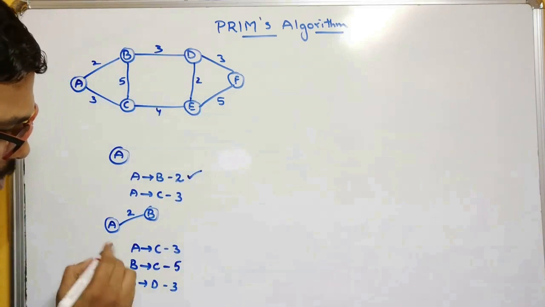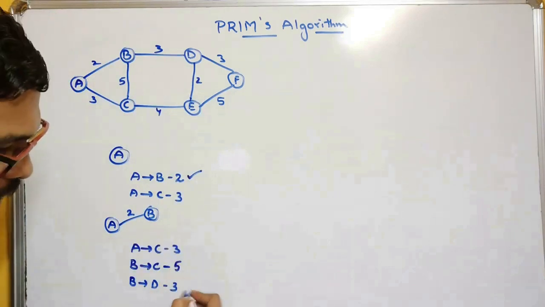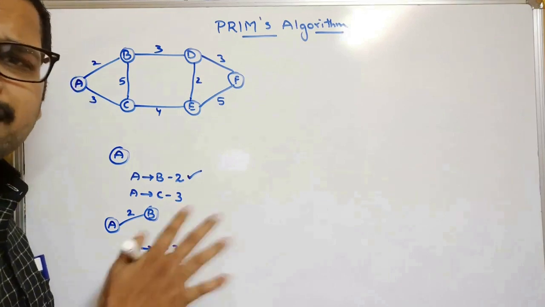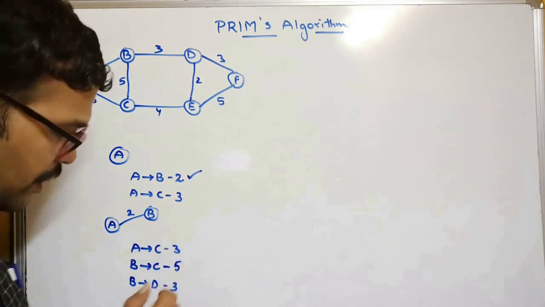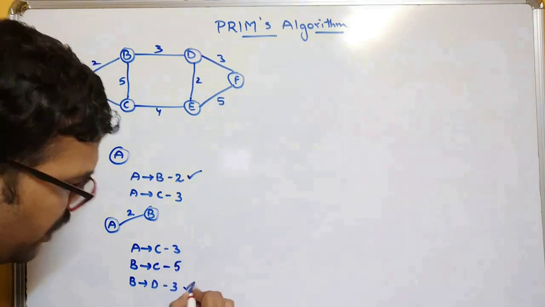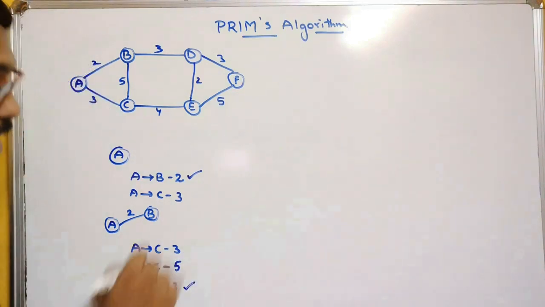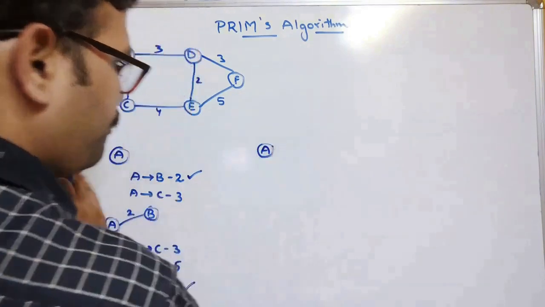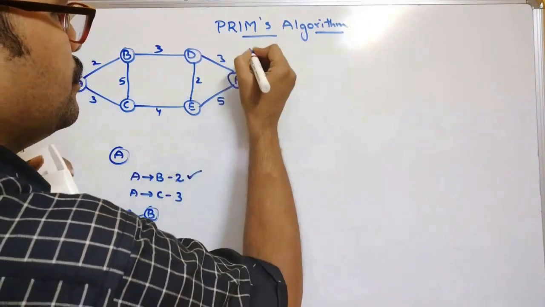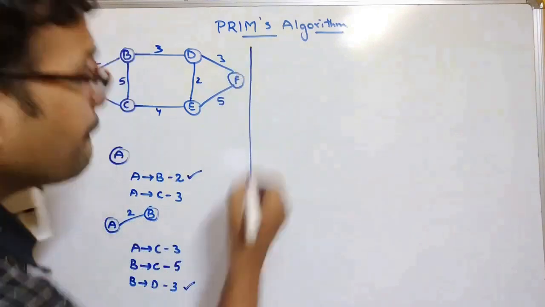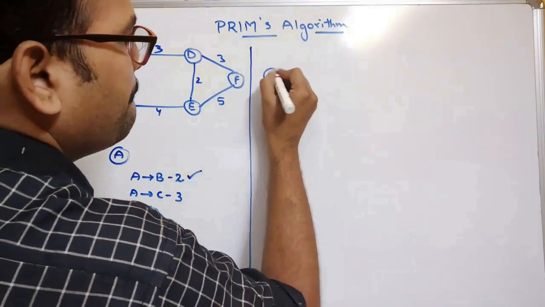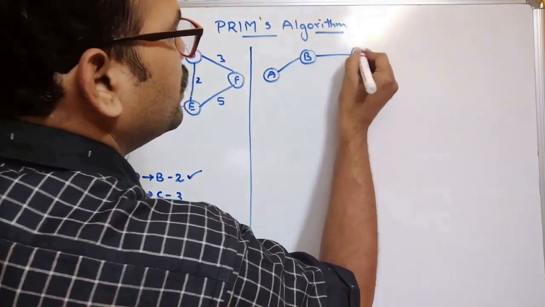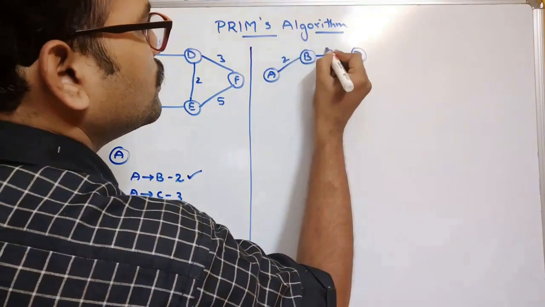Now, what happens? Among these, we are having two edges with a minimum cost 3. So you can select any edge, no problem. So I will select this one, B to D. Now the tree will be A followed by B, B to D. So the edges are 2, 3.